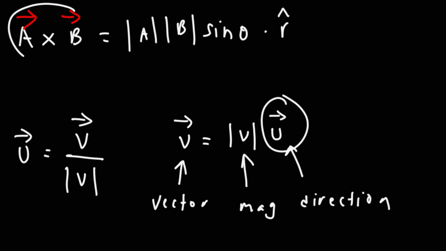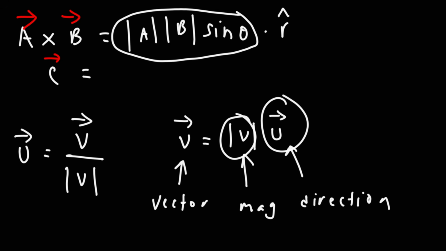So let's call the result of the cross product of A and B, which will give you a new vector quantity, let's call that new vector quantity C. This part here, the magnitude part, is AB sine theta. That represents the magnitude of this vector.